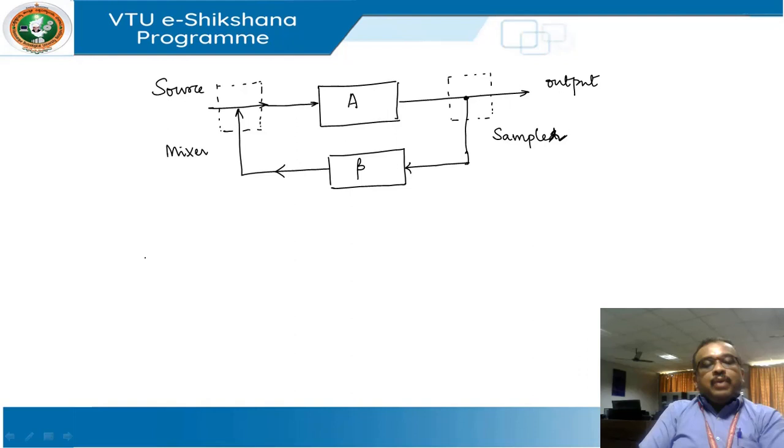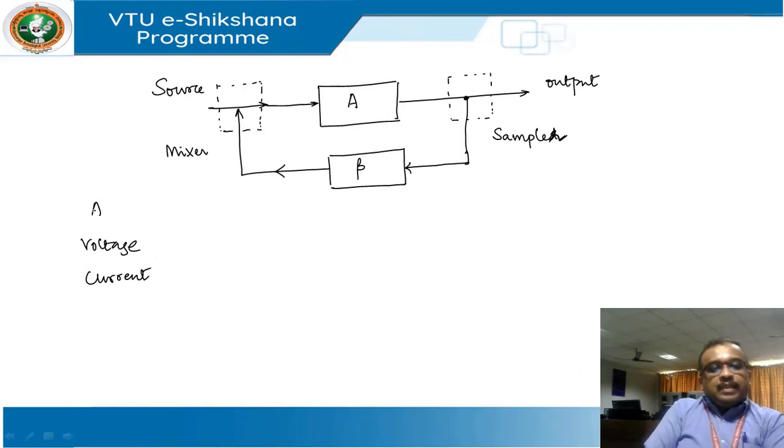Let me look at the four different amplifiers that we have. Let me write them down: a voltage amplifier, a current amplifier, a transresistance amplifier and a transconductance amplifier.